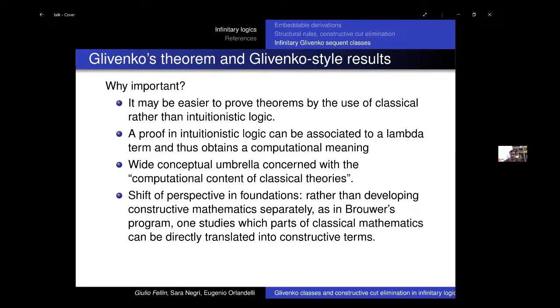There is a wide conceptual umbrella concerned with the computational content of classical theories, and we can have a shift of perspective in foundations. So rather than developing constructive mathematics separately, as in Brouwer's program, one can study which parts of classical mathematics can be directly translated into constructive terms.